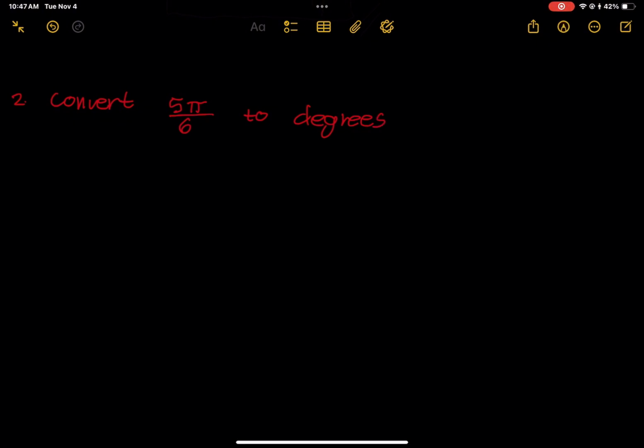Next, our formula is degrees is equal to radian multiplied by 180 degrees over pi.